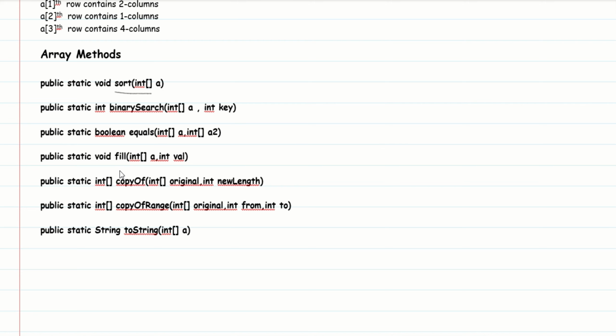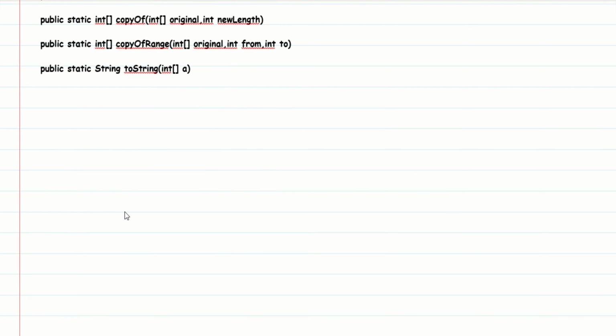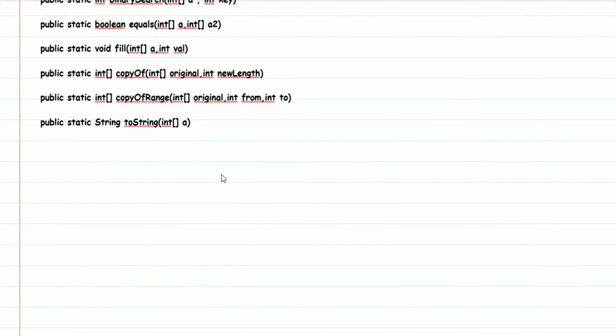Then we have copyOfRange, which copies the specified range of the specified array into a new array. Then toString returns a string representation of the contents of the specified array. A string representation consists of a list of the array's elements enclosed in square brackets.